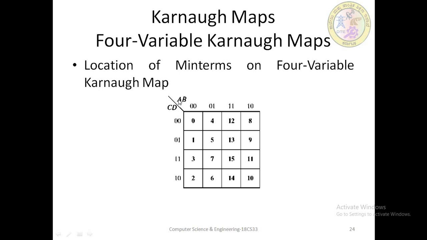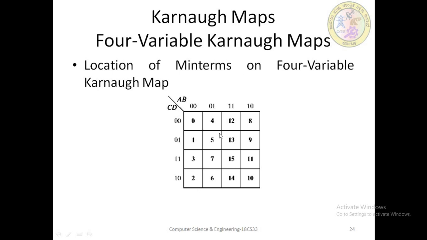What if we have 4 variables? We will try to group two variables, the other two variables, and have it like this. Already I have explained 0 0, 0 1, 1 1, 1 0, why it's a Gray code. It offers only one code change while moving from one code combination to the next input code combination.